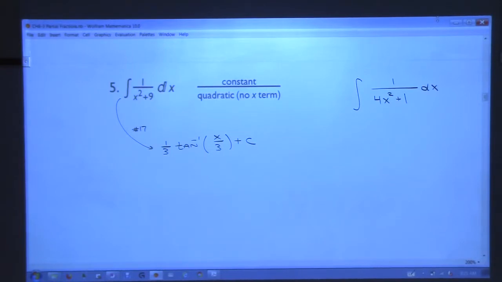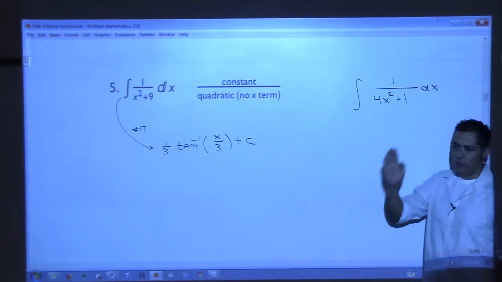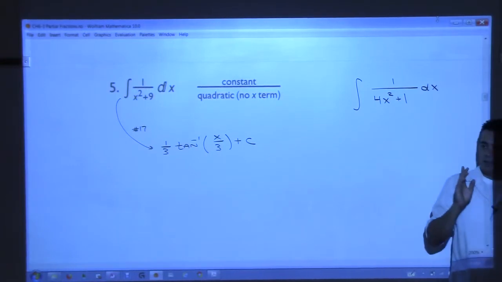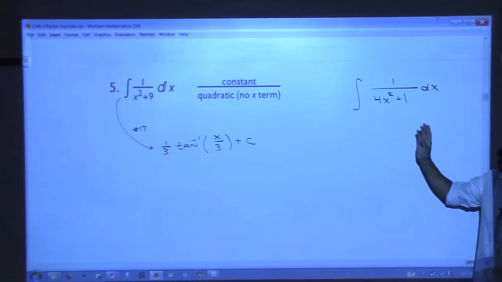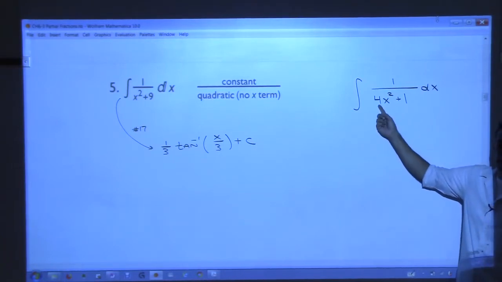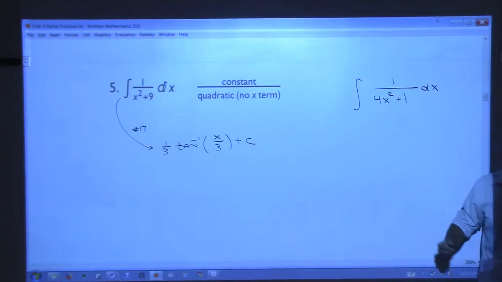Yeah, so we have an issue here because in the formula that we have for number 17, it was u squared plus a squared, right? U squared. And u is going to be our variable squared. We're assuming in that formula that the coefficient on that is 1, right? And here, the coefficient on the square term is 4. Well, there's an easy way to take care of that, and that's just factor a 4 out of the bottom.